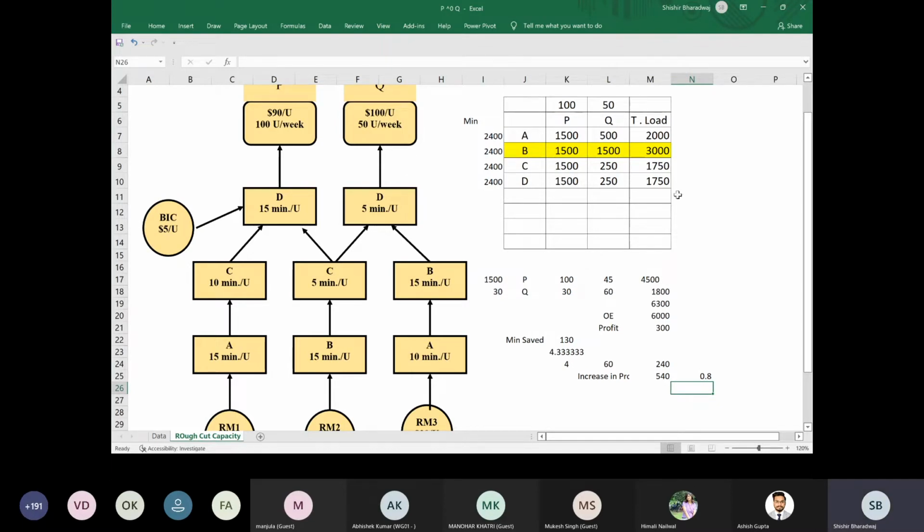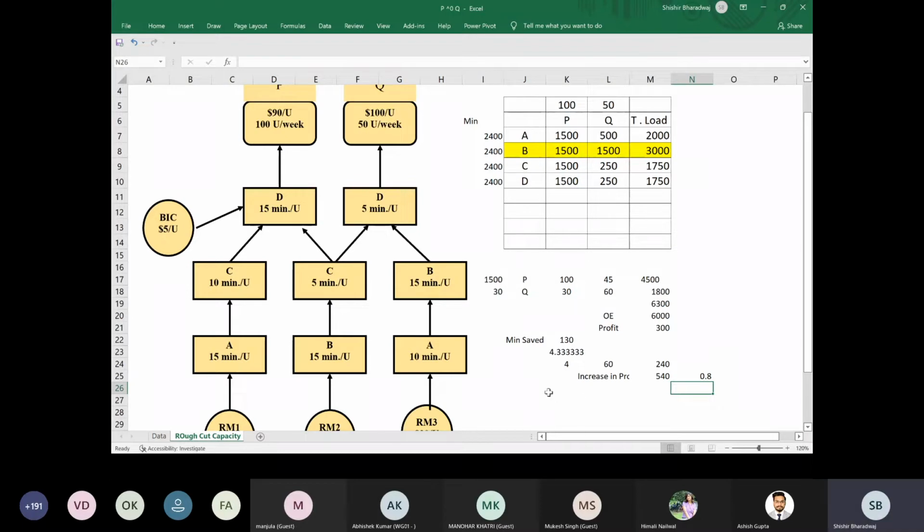In other words, instead of calculating C at 5, I will calculate C at 8. So I'm making 134 units in total, and for each unit I will now be taking 8 minutes.